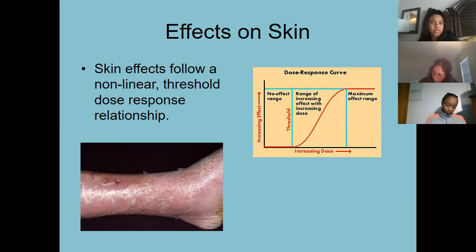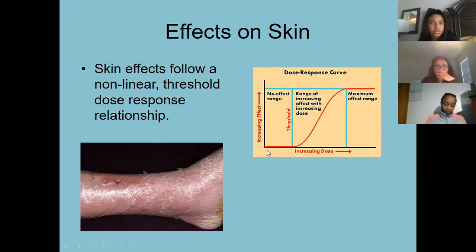Skin effects are somatic effects. The person who's exposed is seeing the damage, and skin effects follow that typical dose response relationship for somatic effects. They follow a nonlinear threshold dose response relationship.